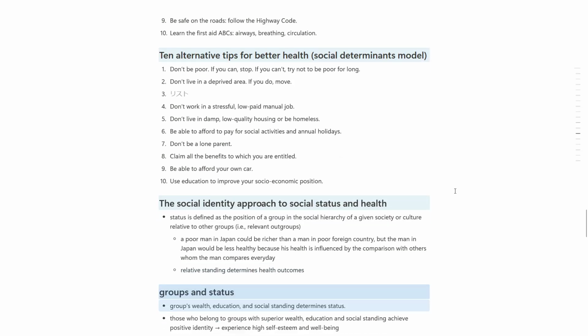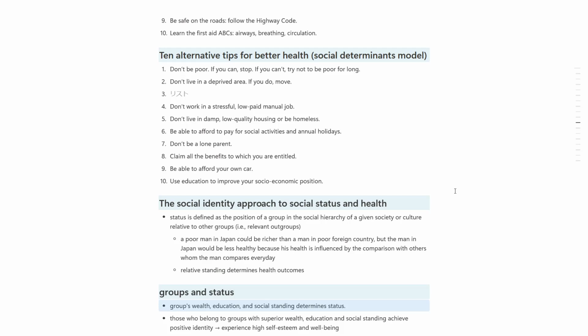Okay, so groups and status. Groups' wealth, education, and social standing determine status. So basically, which group you belong to determines what kind of social status you have. You belong to Hitotsubashi University, and that indicates how high your social status is.